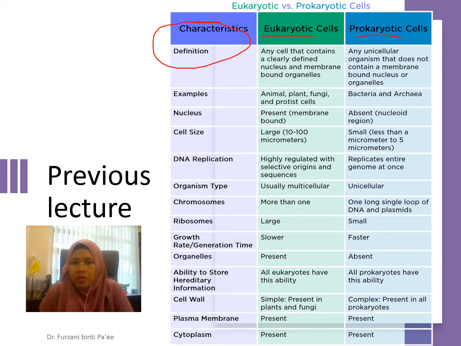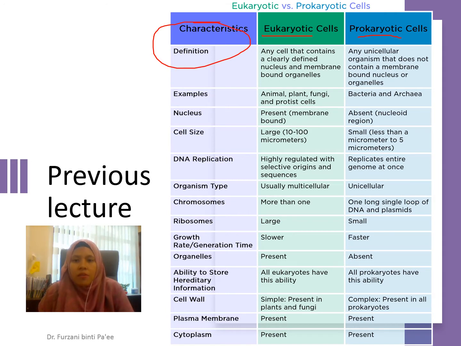For example, the definition and the examples of the eukaryotic and the prokaryotic. You have to know by heart the differences between them, because this is the basis of the understanding for the microbiological world.